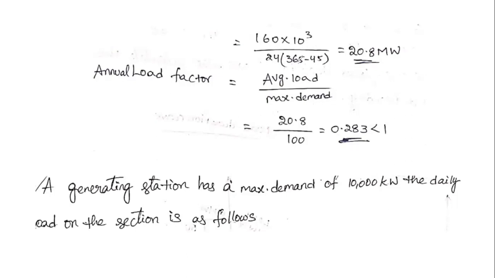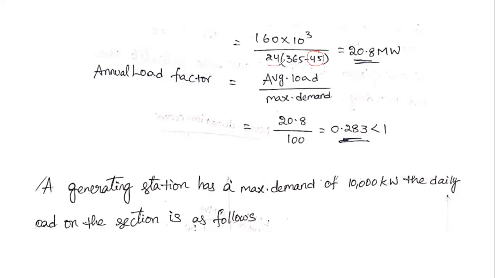How many days will the power system be operated? That is 365 days minus 45, because for 45 days the system will be shut down. Then we obtain 320 days into 24 hours.